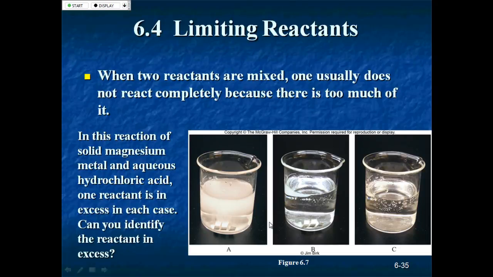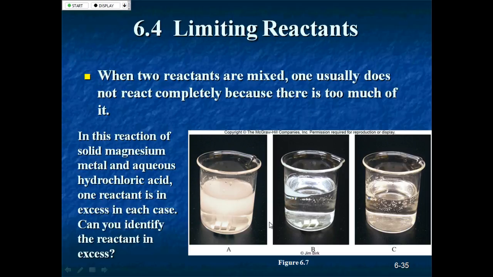So before break, we learned about mole ratios and how to calculate, if we know the number of moles of one reactant, the amount of other reactant needed or the amount of product that will be produced.